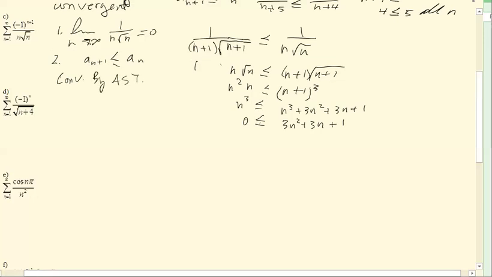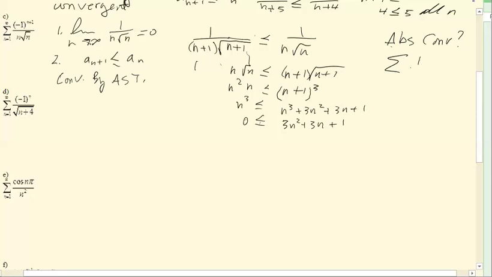Now, the problem is it conditionally convergent or absolutely? Well, let's look at absolutely convergent. That's the question. Well, you'd have to look at this series. Ignore the negatives.